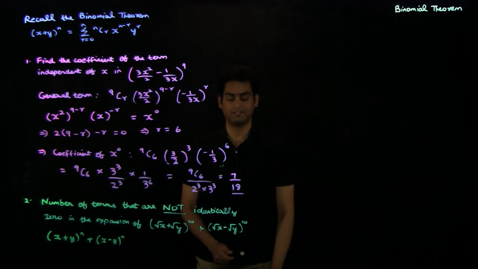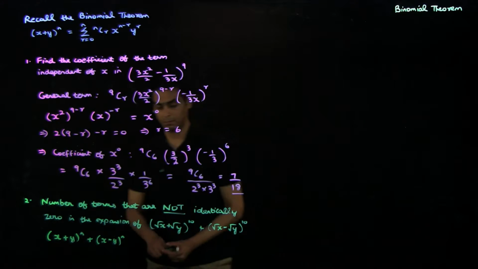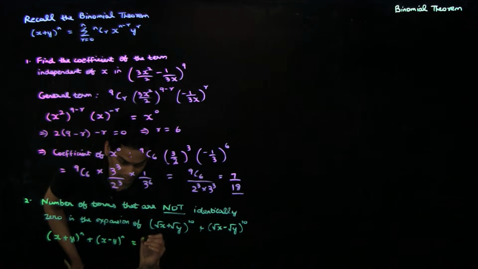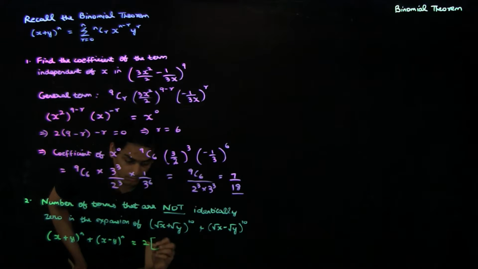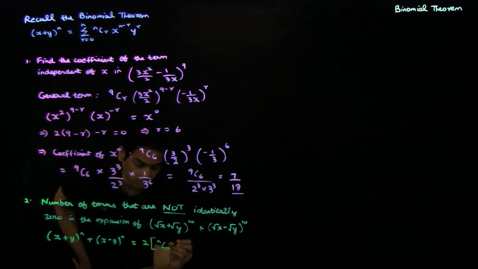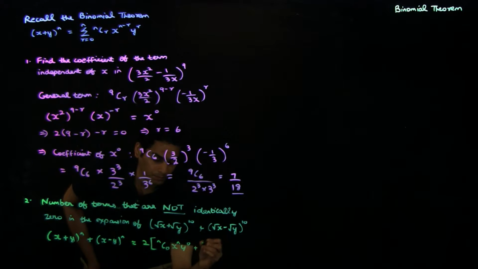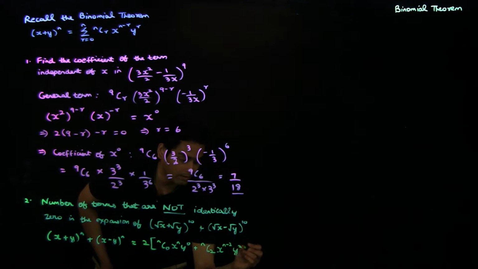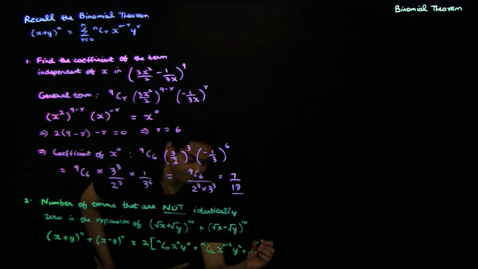So in one of our previous lectures, we wrote out what this expansion gives us, and that is nothing but 2 times nc0 x power n y power 0 plus nc2 x power n minus 2 y square, and so on.